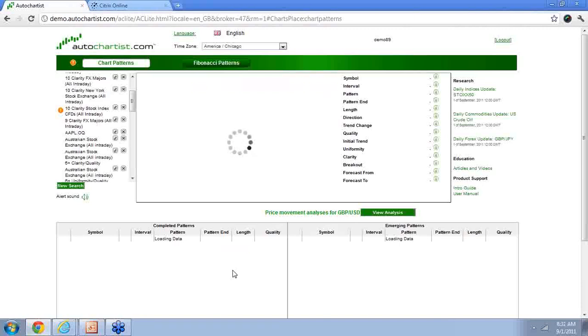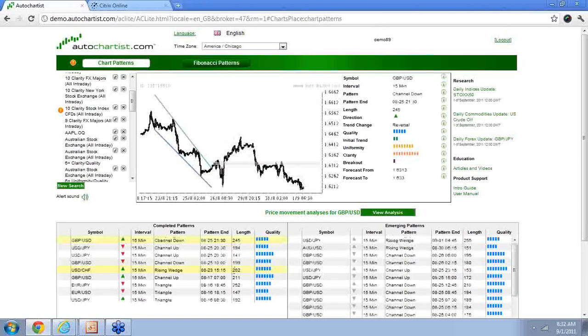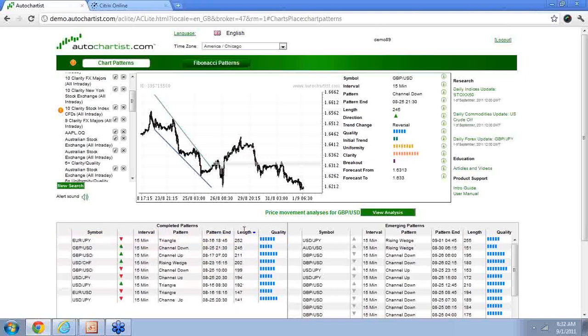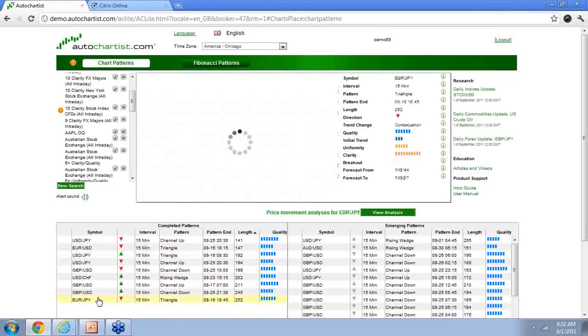May not have any because, again, it depends on the market conditions. Okay, so we can see these lengths here that are coming up. Even setting at a minimum of 140, you can see that there are some markets here that have come up in the last couple of weeks that have set up completed patterns with minimum lengths of 140.